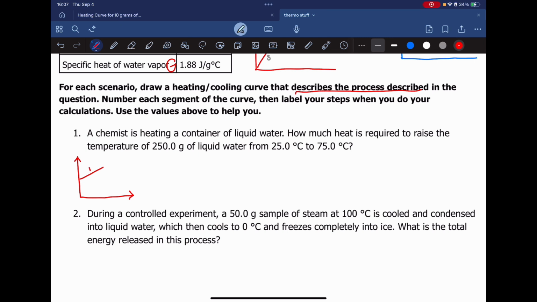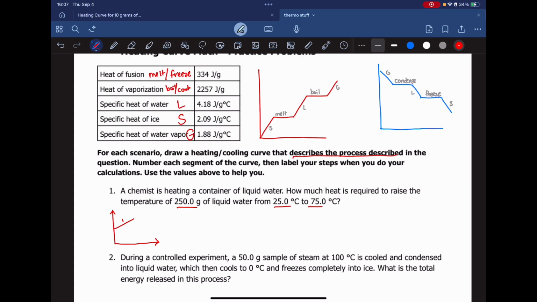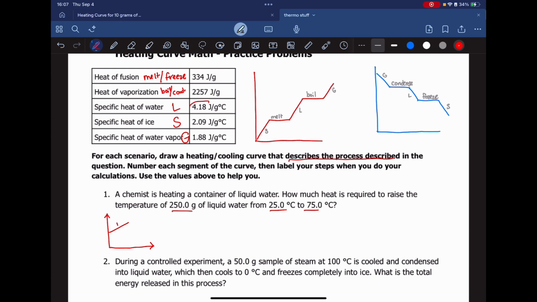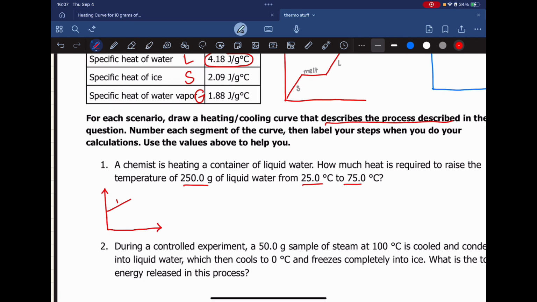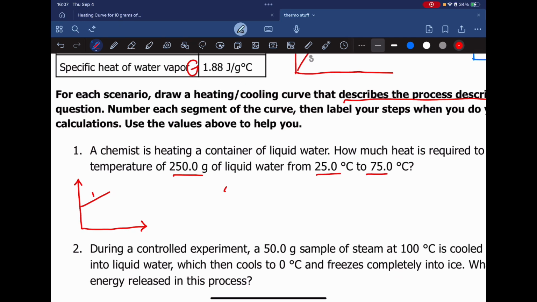That's the only step I'm going to calculate: 250 grams of liquid water from 25 to 75. Since I'm heating liquid water, I'm going to use my specific heat of water, which is 4.18 joules per gram degree Celsius. Remember what that means: 4.18 joules is the number of joules required to heat 1 gram of water by 1 degree Celsius.